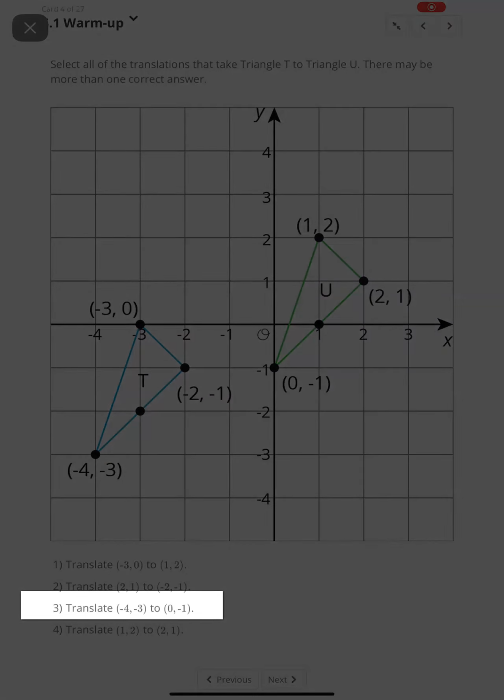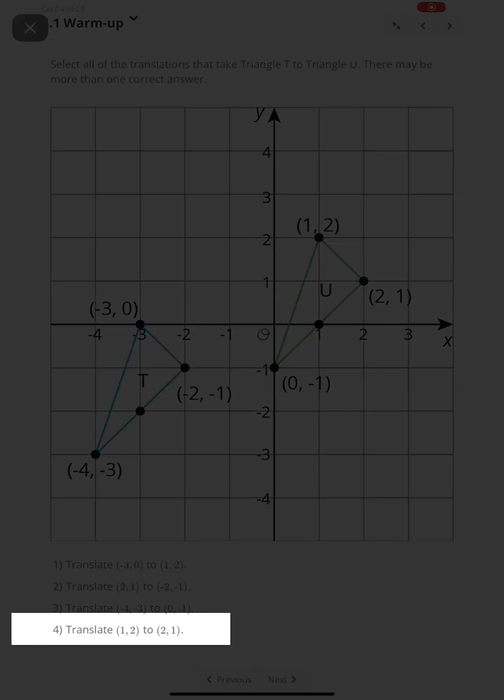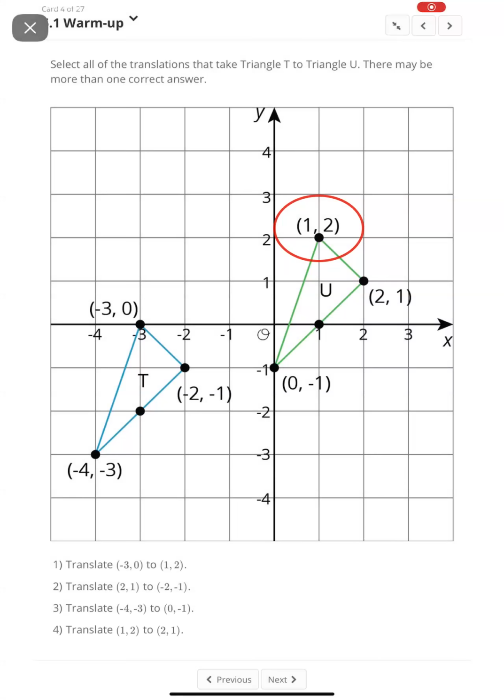How about number 3? It says translate (-4, -3) to (0, -1). That does appear to be correct, because just by eyeballing it and visualizing this, it does look like this point on the blue triangle corresponds to this point on the green triangle. And number 4 says translate (1, 2) to (2, 1).